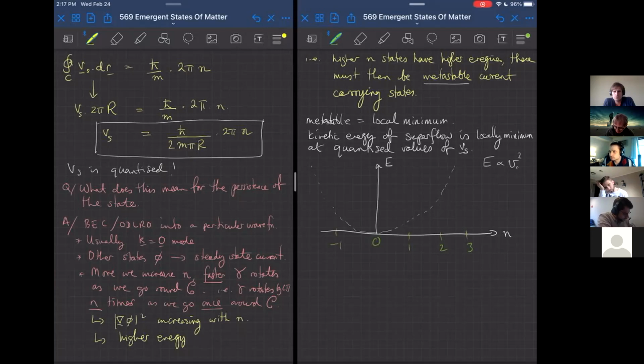So this thing kind of looks something like this, and the same thing over on the other side. And so what you can see is that there are these energy barriers between the states.